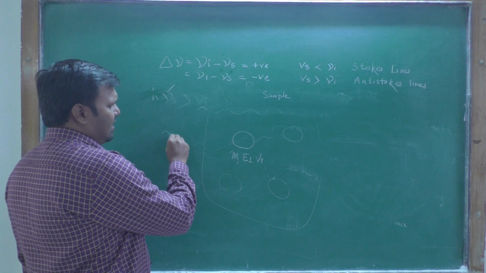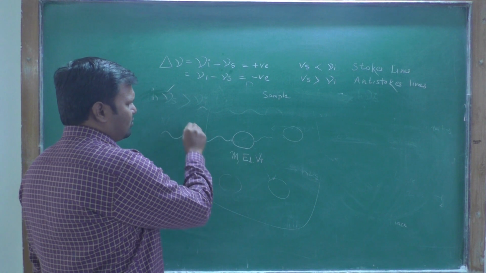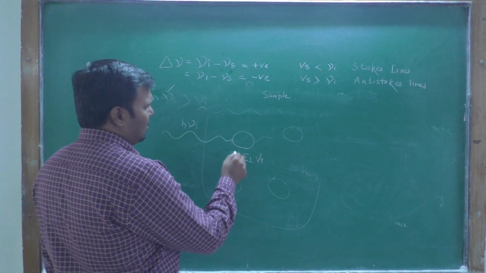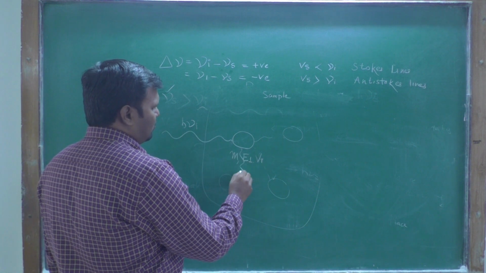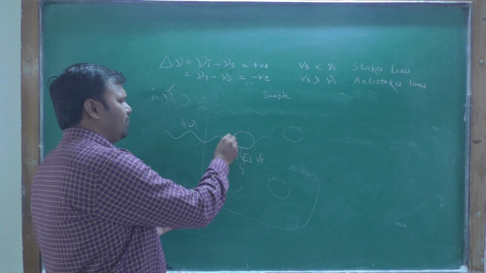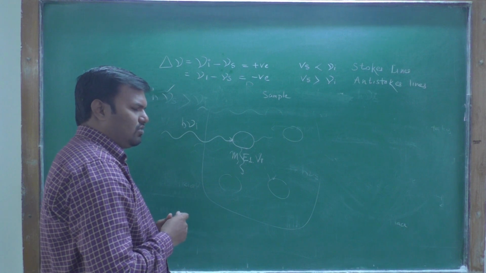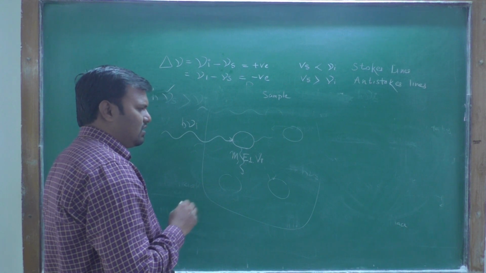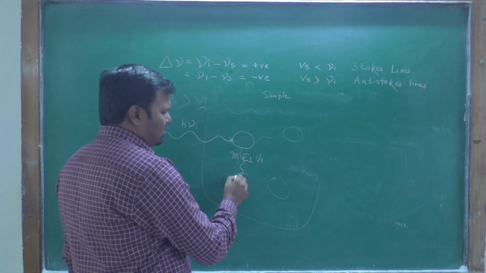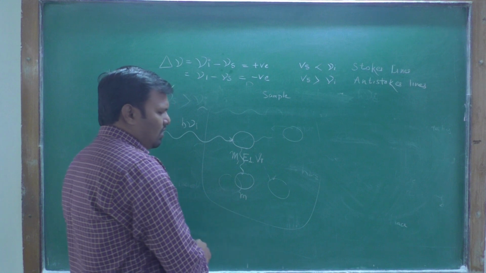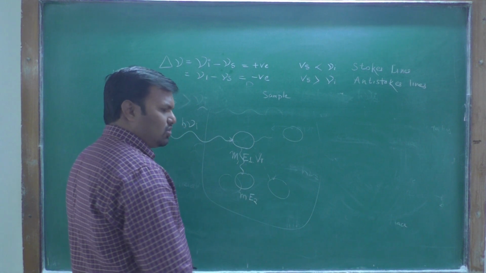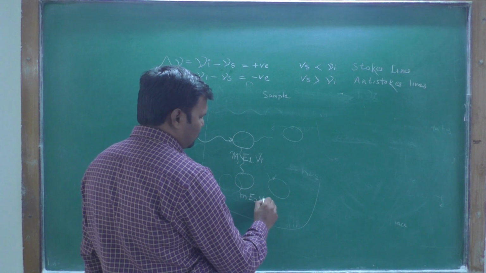When the photon, the incident light h mu I, collides with that molecule, due to this collision, it has kinetic energy. Its mass remains m, its energy is changed to E2 and its velocity is changed to v2.